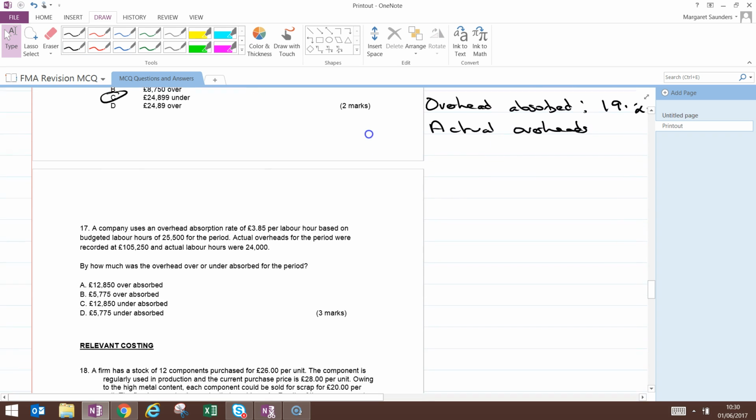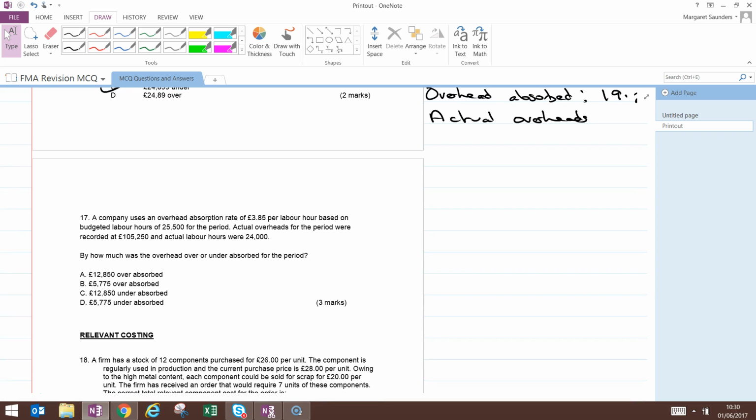So we have one more absorption costing question, and again it's similar to question 16. We've been given an overhead absorption rate per labour hour. We're told what the budgeted labour hours were, what the actual overheads were, and what the actual labour hours were. And we're asked again for an over or under absorption.